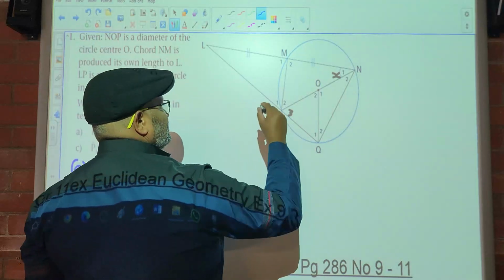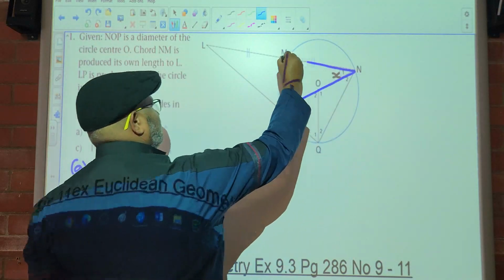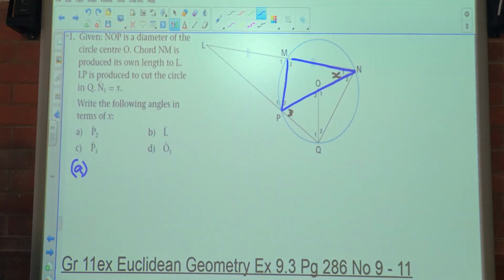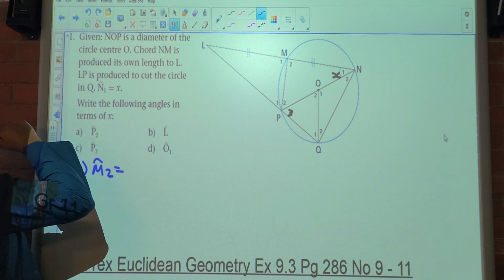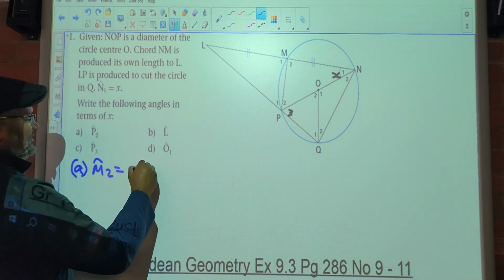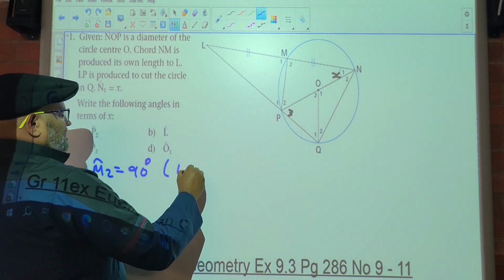Sum of angles in triangles there? Not so. But what do I need? What do I need, people? M2. So angle M2 is equal to 90. Why? Angle in semicircle.